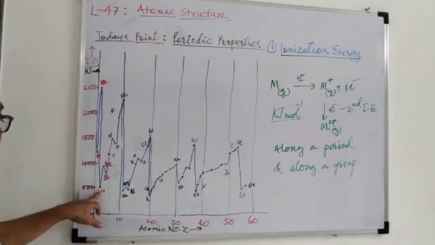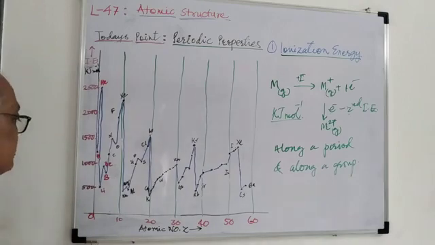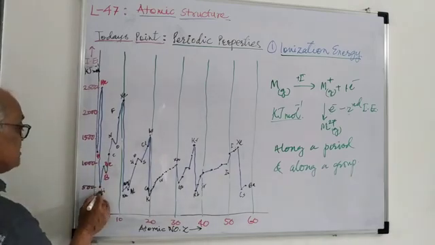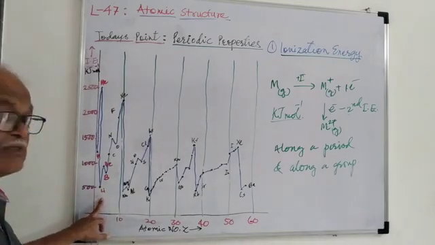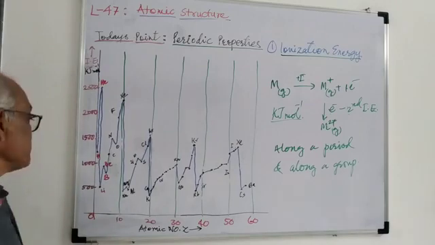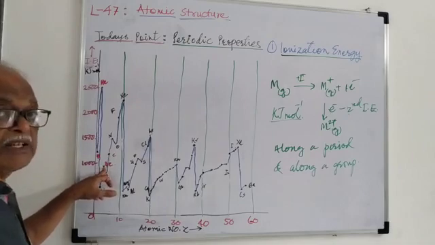Therefore, the ionization energy is lower here. Again, if you go to beryllium, the ionization energy is increasing because the last electron of lithium goes into the 2s orbital, and beryllium also has its last electron in 2s. So there is increasing ionization energy in the case of beryllium.